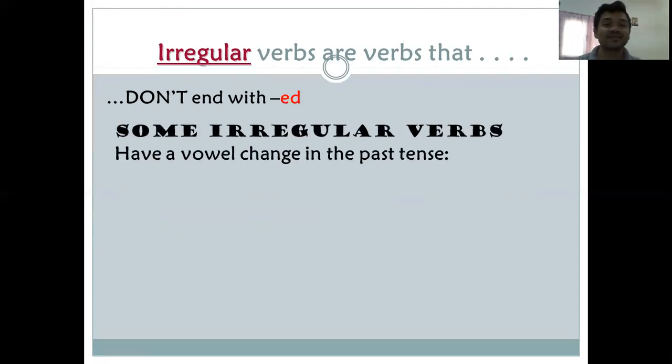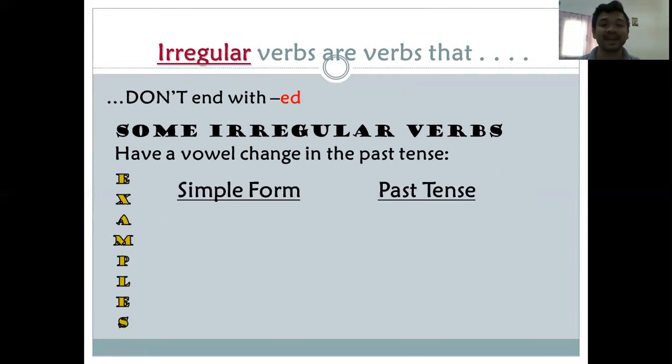So some irregular verbs have vowel change in the past tense. Example, simple form and past tense. Become, became, the past tense with an A. Okay, so look at this. The spelling changed.